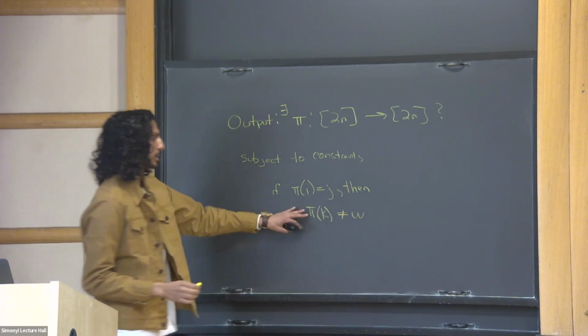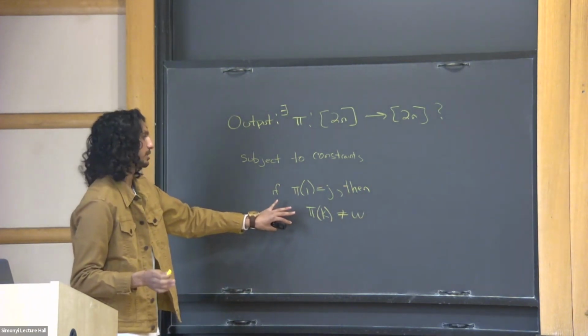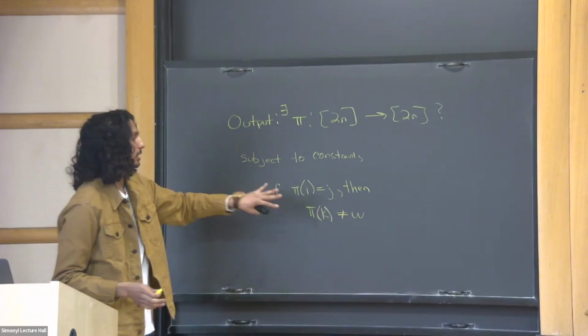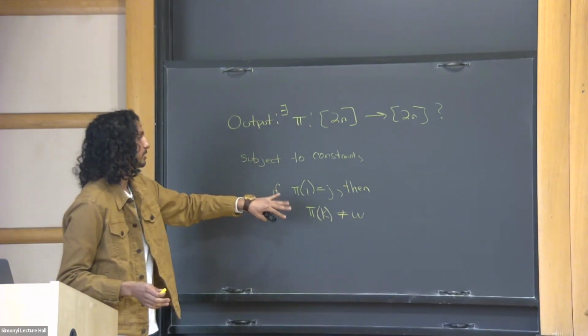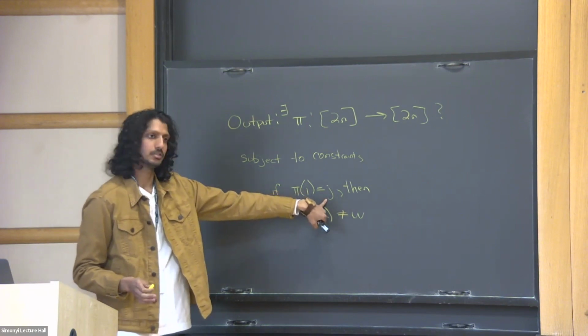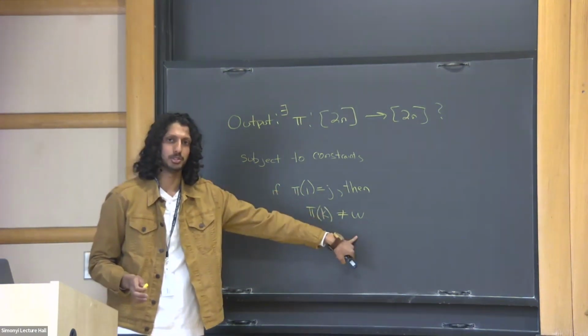So there's going to be some bipartite graph. An equivalent way to phrase this is that you basically get implications of the following form: if the permutation maps one thing to something else, then it can't map the permutation over here to something else.